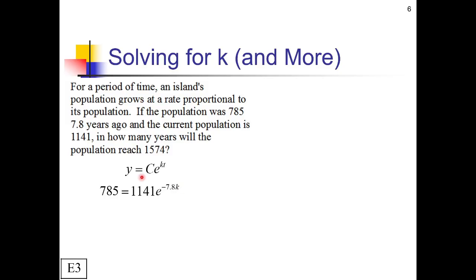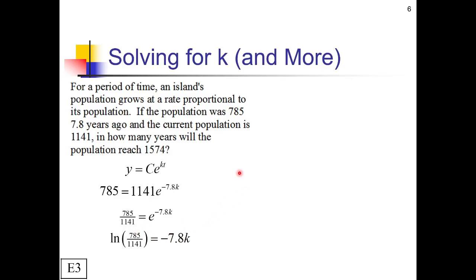In order to find this, let's divide both sides by 1141. And just like before, to get rid of the e, we're going to take the log of both sides. So I have negative 7.8k equals ln of all this stuff here. And then I'll just divide all of this by negative 7.8.